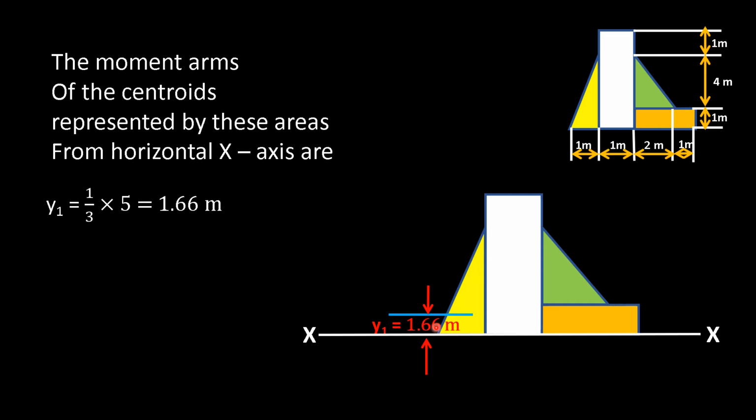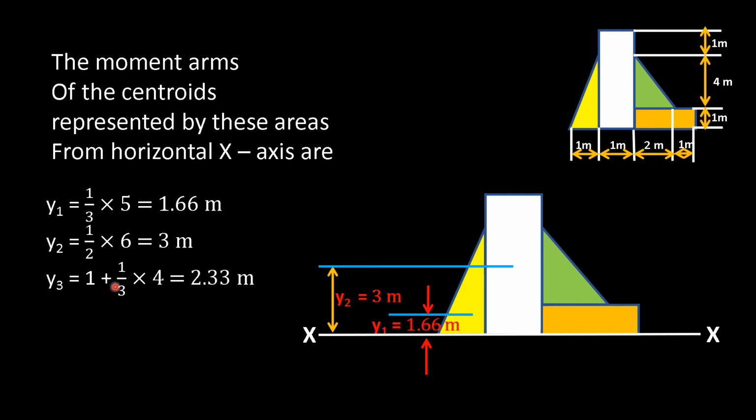Y1 is 1.66 meters. Y2 equals half multiplied by 6, 1 plus 4, 5 plus 1, 6, height of the rectangle multiplied by half, which is 3 meter. So y2 equals 3 meter.